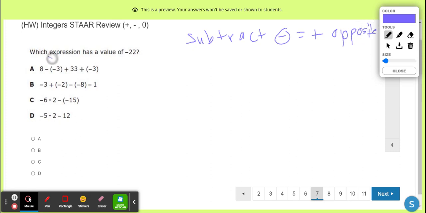So right here, add switch, add switch, add switch, add switch. Now we follow our order of operations. 8 plus 3 is 11, and 33 divided by -33 is going to be -11.